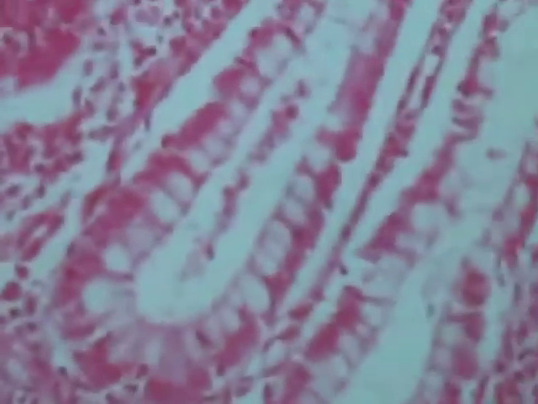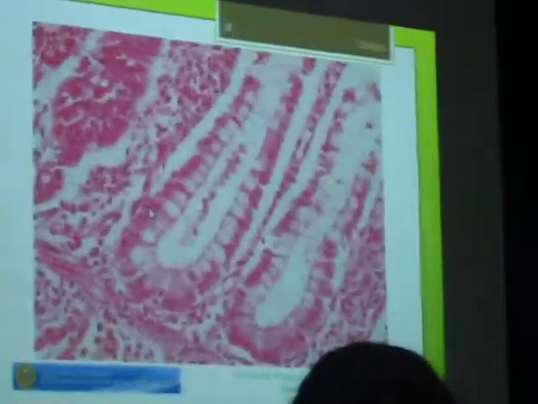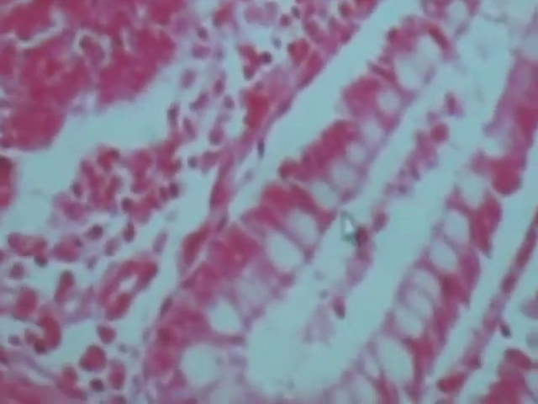Okay, the description of mucus gland: you have cells with pale staining or clear cytoplasm, and the nucleus is pushed to the base of the cell, because of the abundance of your secretion.